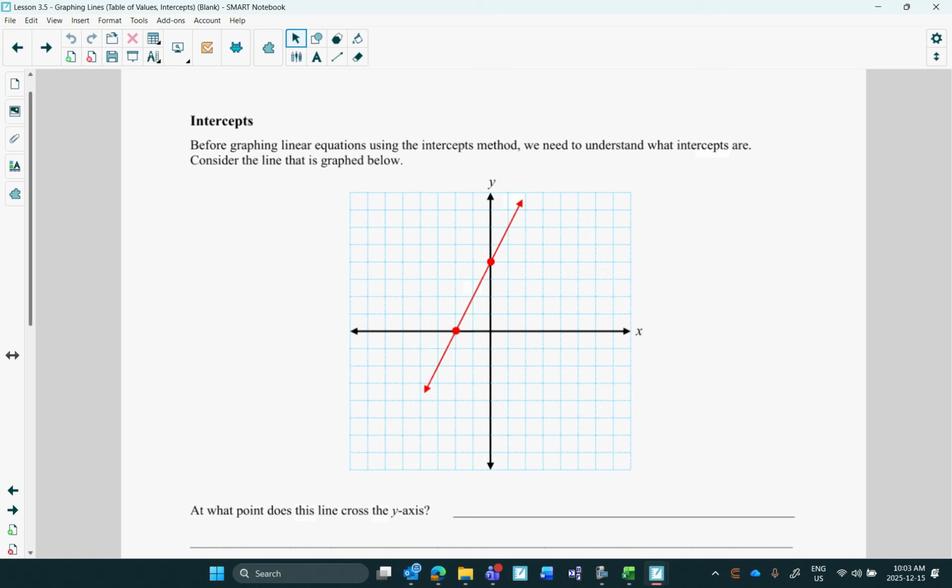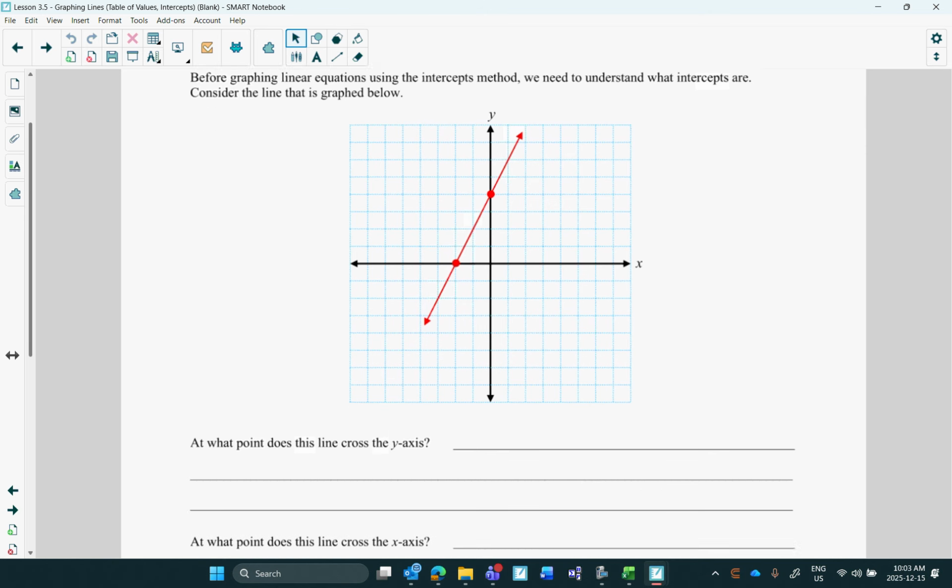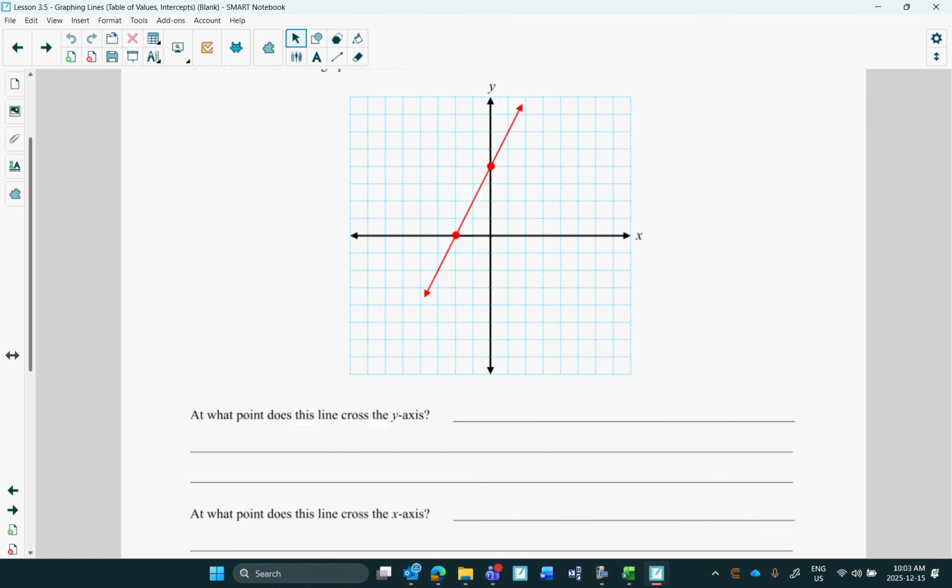This is called the intercepts method. With the intercepts method, we only find 2 points on the line. We find where the graph crosses the y-axis and where the graph crosses the x-axis, and then connect those 2 points to form a line.